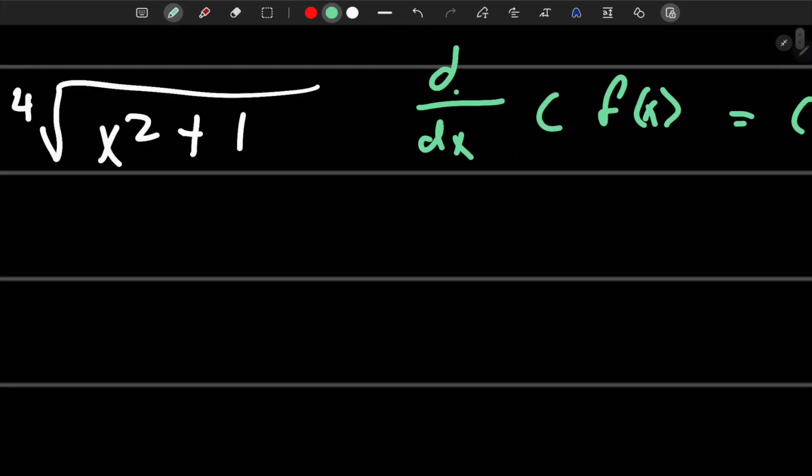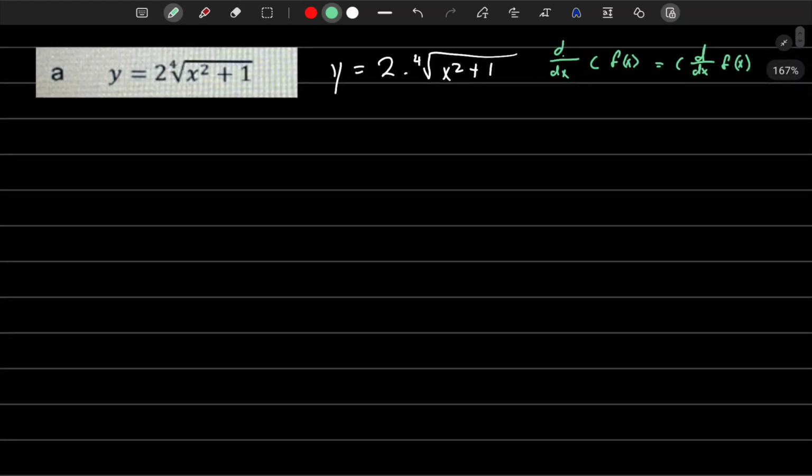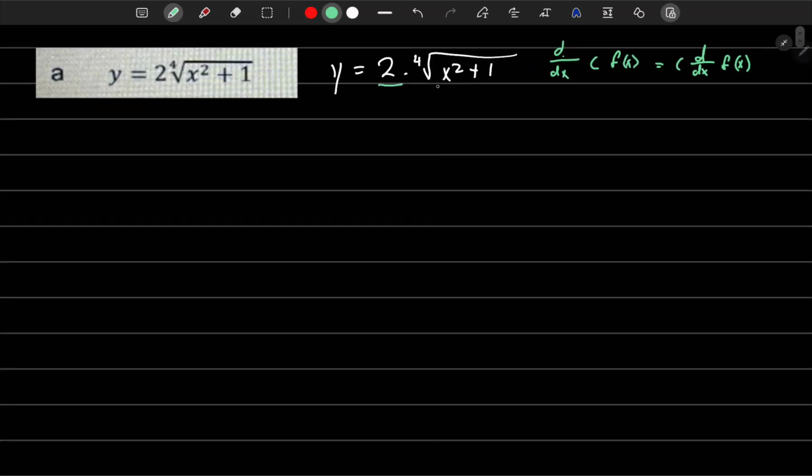We're going to apply this to this particular problem. Since I have a leading coefficient and then a function, I'm going to take it out.